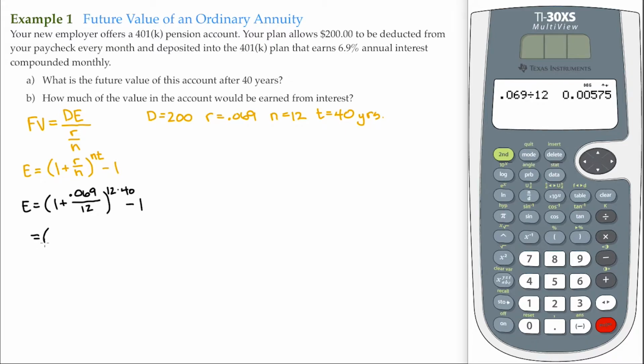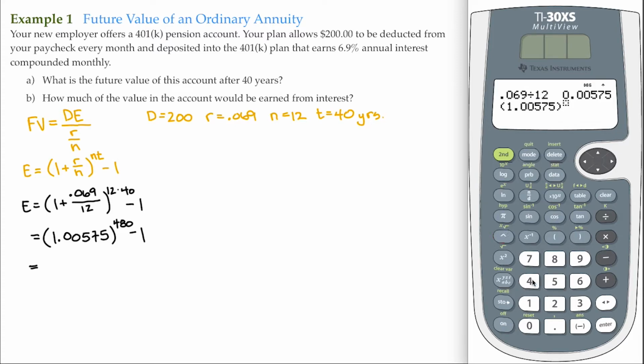So here I have 1.00575. 12 times 40, that's 480, minus 1. So now in my calculator, I'm just going to type this all in just like this. 1.00575.